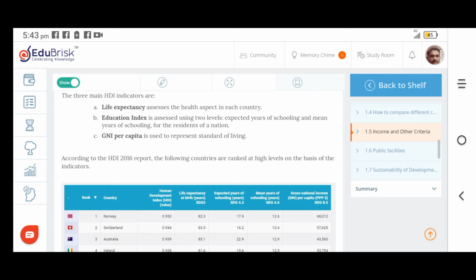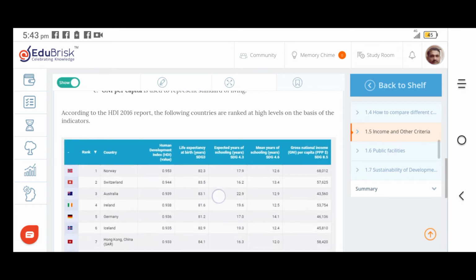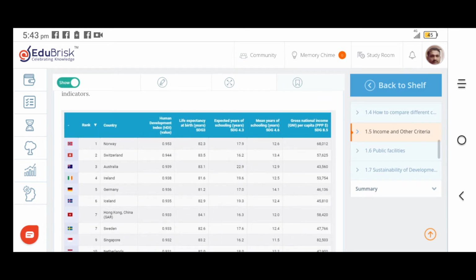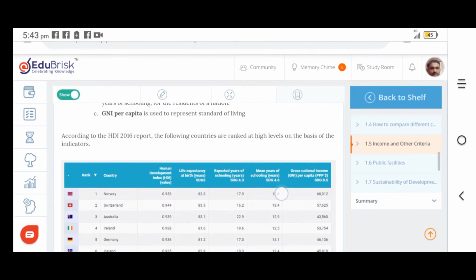And what is GNI? Gross national income per capita is used to represent the standard of living. If a country is developed, it can utilize its resources for development. Different countries have different gross national income, different life expectancy, and different education.